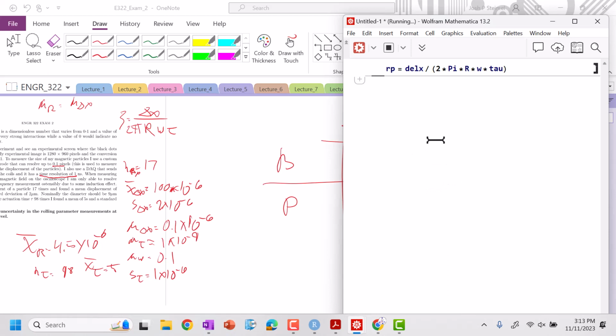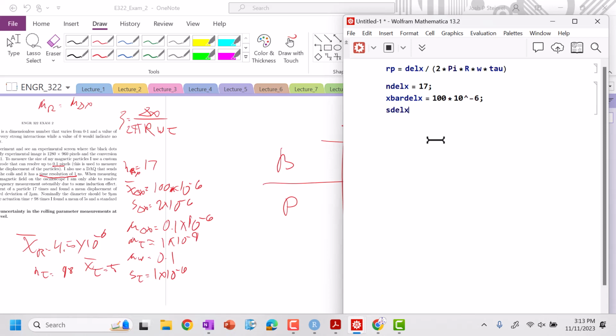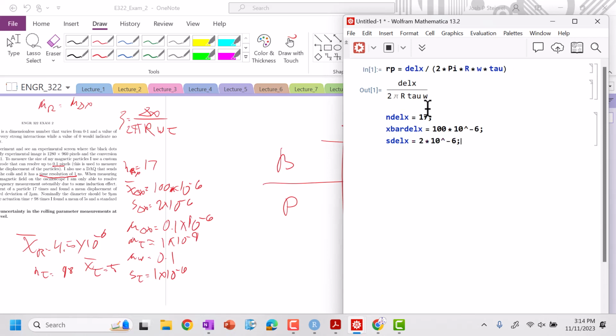We're going to say that n del x is equal to 17. X bar del x is equal to 100 times 10 to the minus 6. My s del x is equal to 2 times 10 to the minus 6.